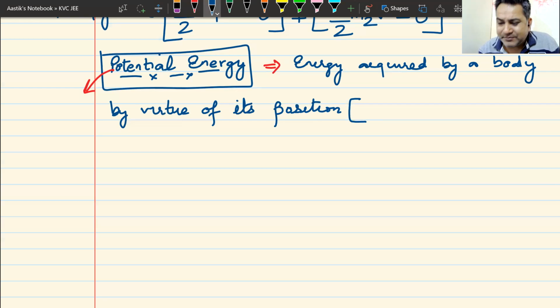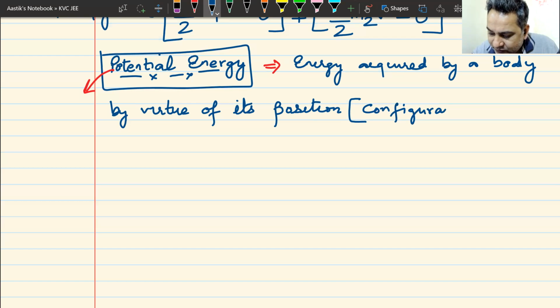Now, position may sound like a very simple term. So instead of this simple term, we can use a bit more complicated terms. Again, they are English terms and they mean the same thing. By virtue of its position, you can call it configuration or arrangement.